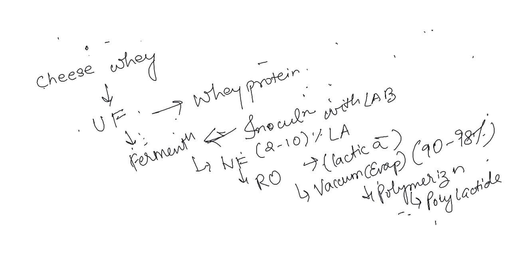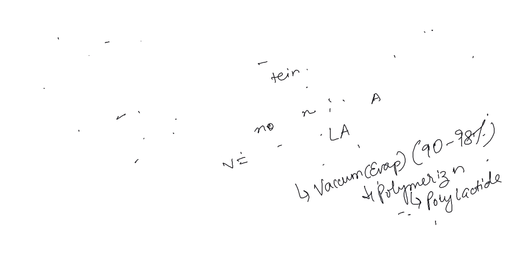If you evaporate, you get 90 to 98% lactic acid, and polymerization gives you polylactide. The unit operations involved are ultrafiltration, nanofiltration, fermentation, reverse osmosis, vacuum evaporation, and finally polymerization. This is how we get polylactide from cheese whey.